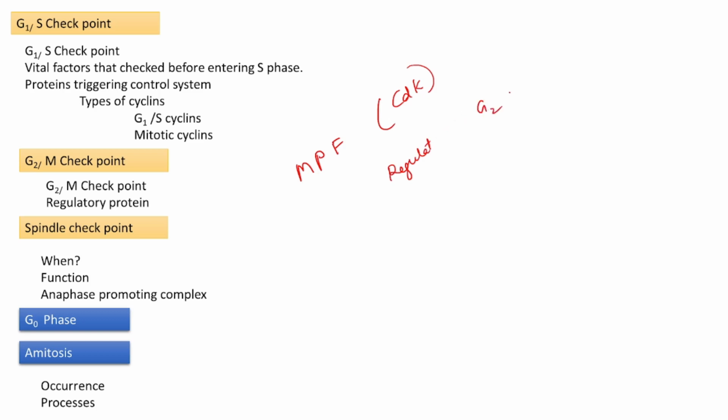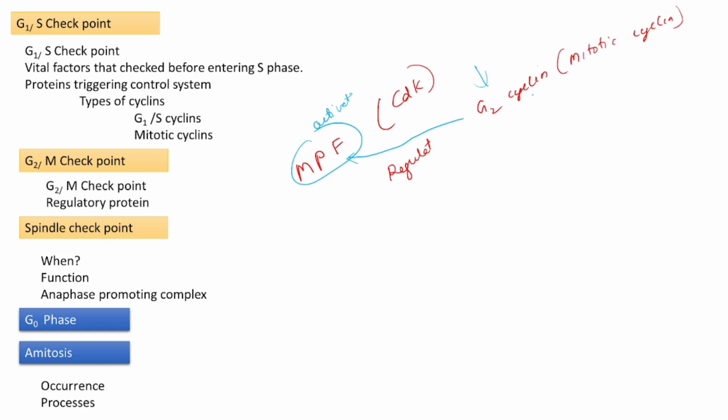Its name is G2 cyclin, otherwise called mitotic cyclin. It activates this MPF by binding with it. After G2 cyclin binds with this MPF, it becomes active and gives the cell the signal to proceed to the M phase. After the cell moves to the M phase, its level decreases and the activity of MPF stops.